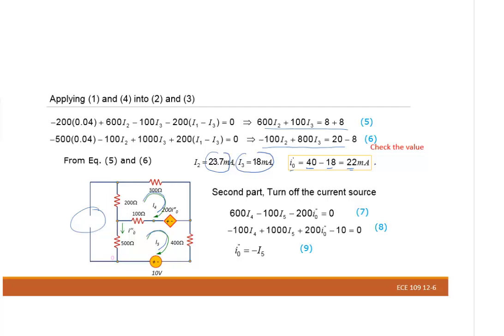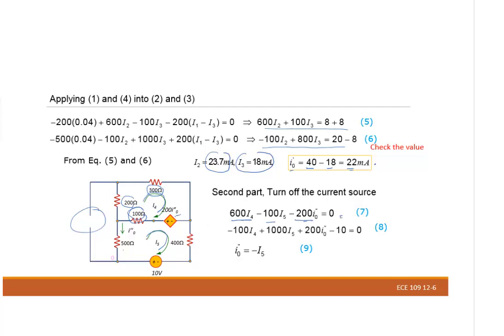When you write the first one here, I call the currents I4 and I5. I didn't want to call them the same names. I4 here will be equal to 100 plus 200 plus 300, which is 600 I4 minus 100 I5. And also this one is coming here as a negative entrance, so you have negative 200 I0 equals 0 right there.